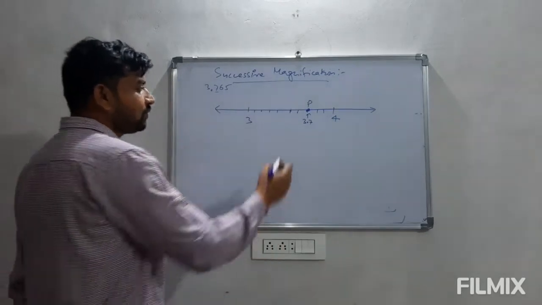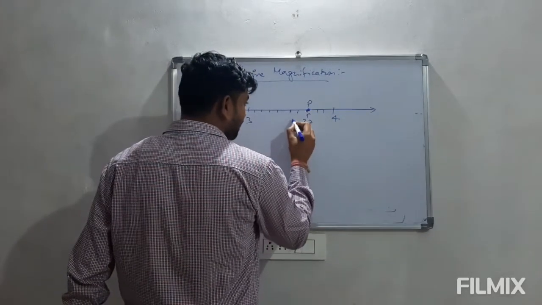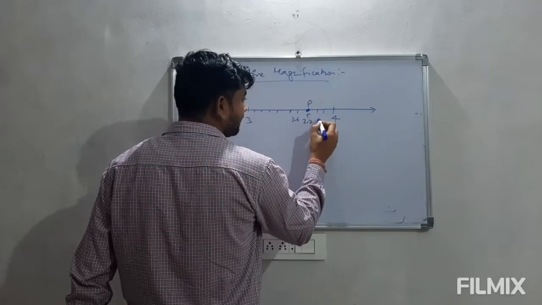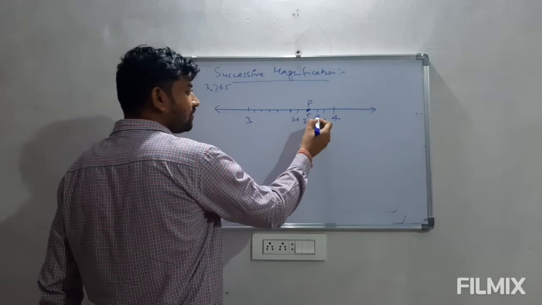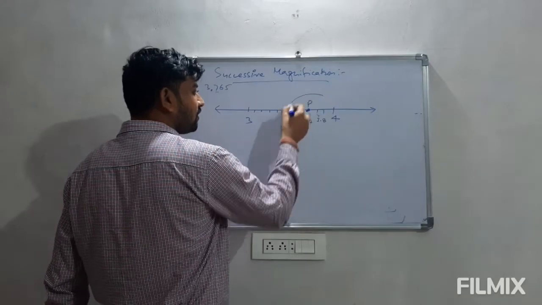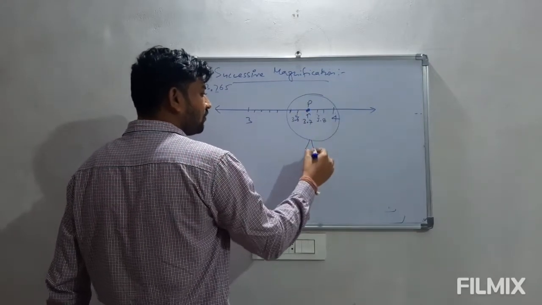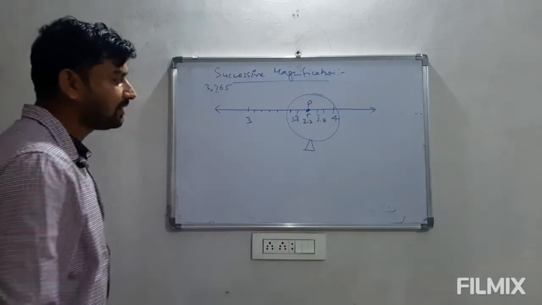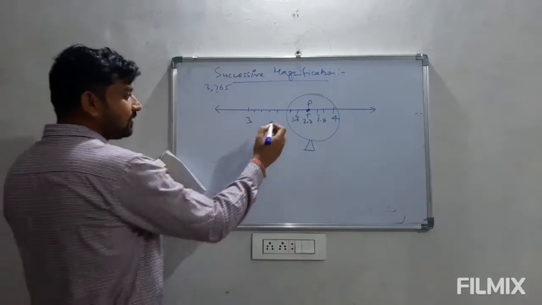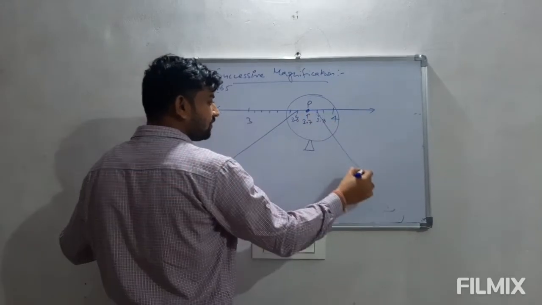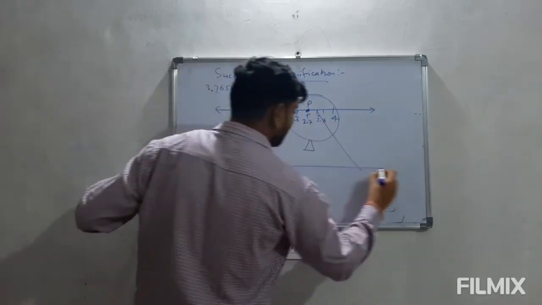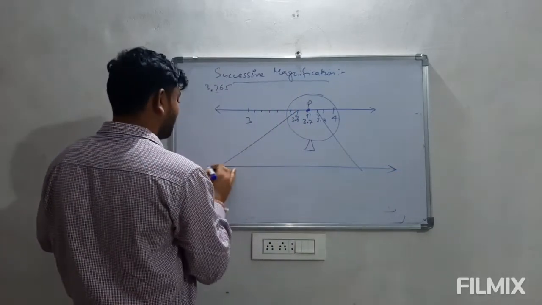Now what we have to do, nearby numbers are 3.6 and the next number will be 3.8. So for these two numbers, we will use a magnifier here and we will magnify this and expand this number line by the next two numbers, in this way.